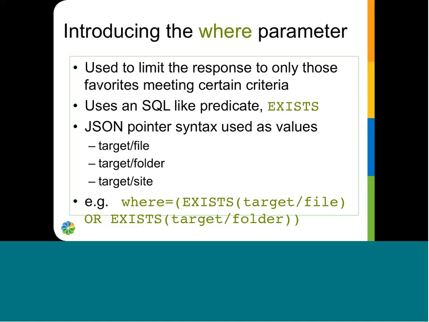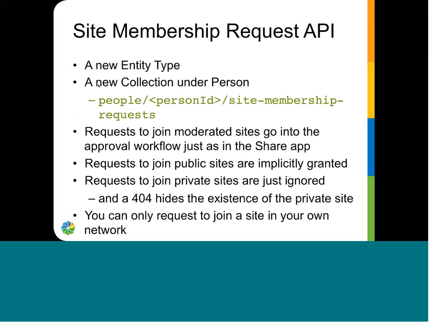And we've also adopted JSON pointer syntax to designate the things that you're trying to use in the expression, in the predicate. We've done that because it's a convenient standard. We always want to use a standard where we can and not have to invent something new. So it's a pretty simple standard. You just provide the scope of what you're favoriting, and there it is.